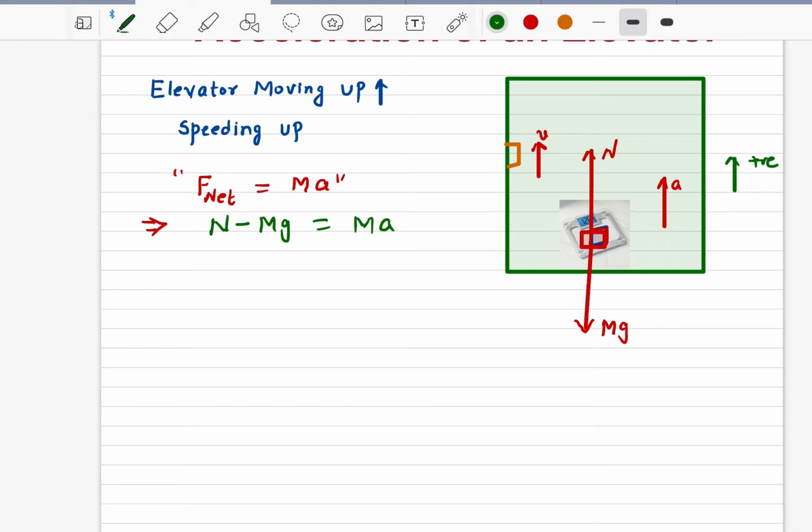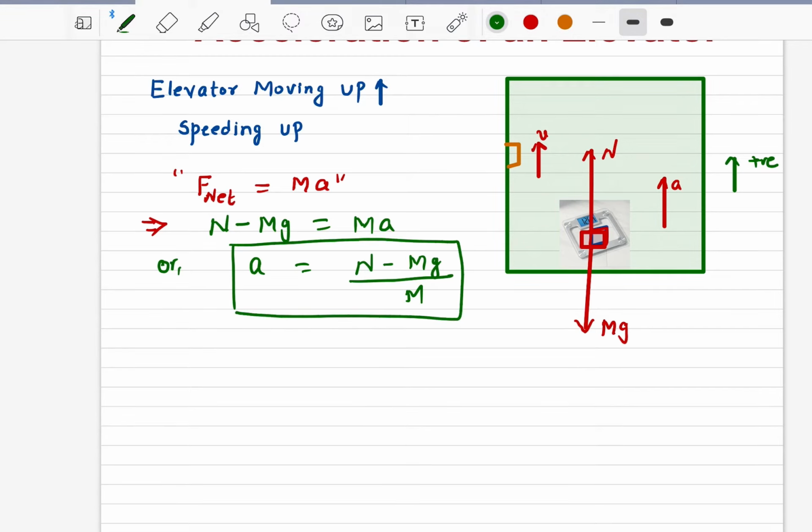Acceleration, of course, is positive here too, because it is in the upward direction. So A here is positive. The rest is just one more step: acceleration would be N minus mg divided by m.